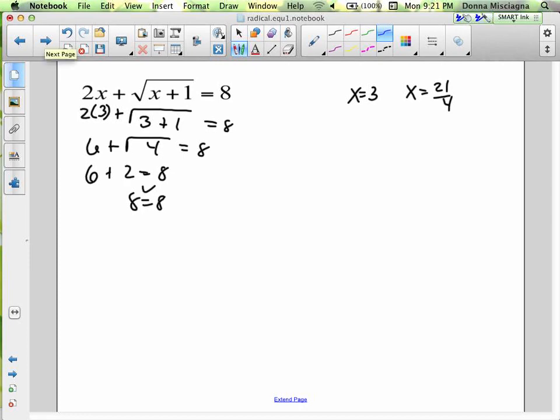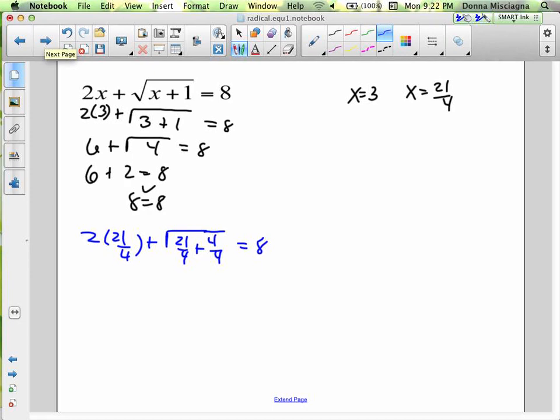So we have 2 times 21/4 plus the square root of 21/4 plus 1. All right, so to add this, we're going to have to multiply the 1's numerator and denominator by 4, so it would be 4 fourths. Equals 8. All right, so this simplifies a little bit.